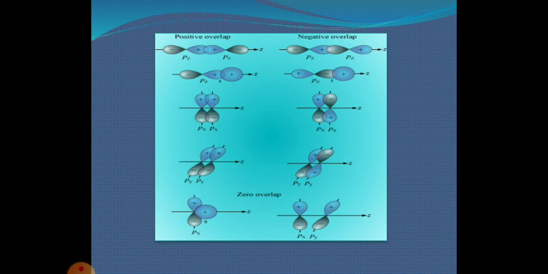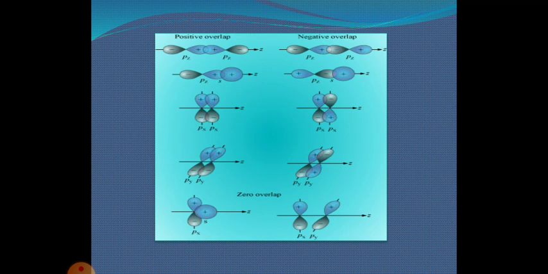In that case, px orbitals combine sidewise. Such an overlapping is also called a sidewise overlapping. Here there are two types in which the overlapping takes place.